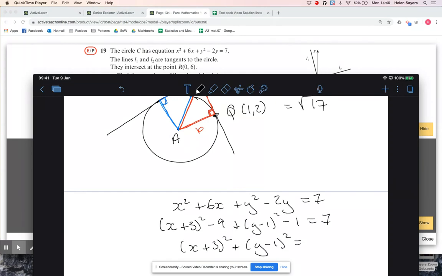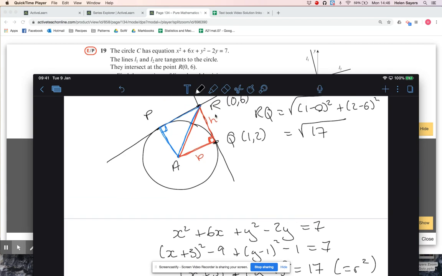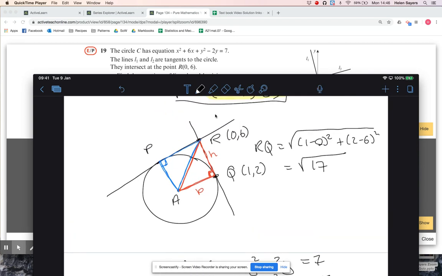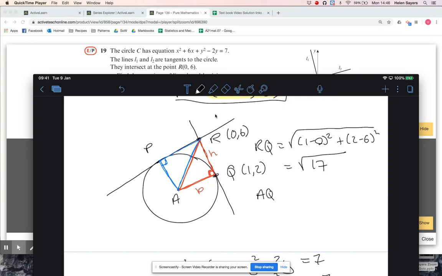So if I add the 9 and the 1 over, that's r squared, we know from the equation of a circle. So actually I'm getting an isosceles triangle, which is fine. I might have been able to conclude that anyway, but I'm getting AQ also is root 17.